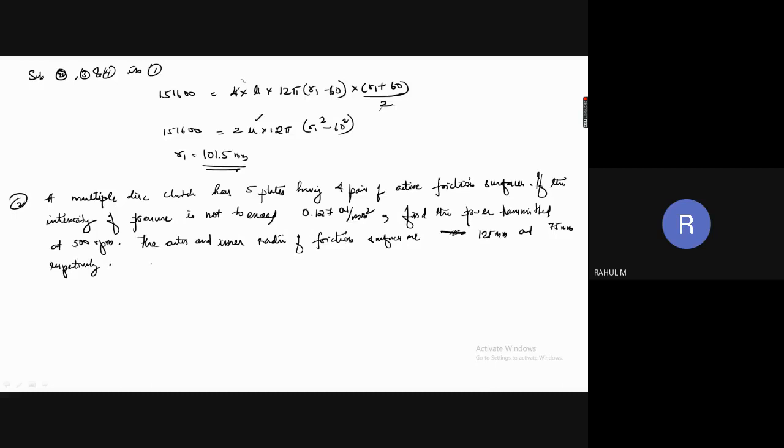Assume uniform wear and take coefficient of friction mu as 0.3.